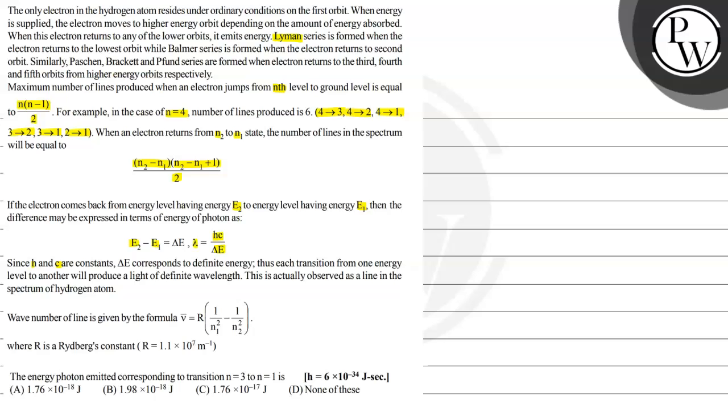Thus, each transition from one energy level to other energy level will produce a light of definite wavelength. This is actually observed as a line in the spectrum of hydrogen atom.